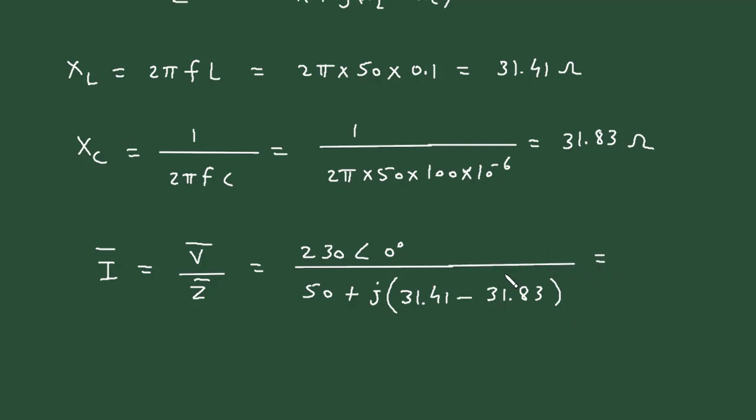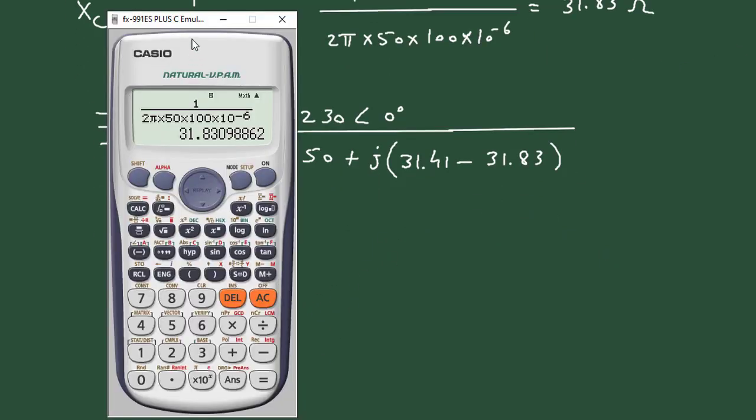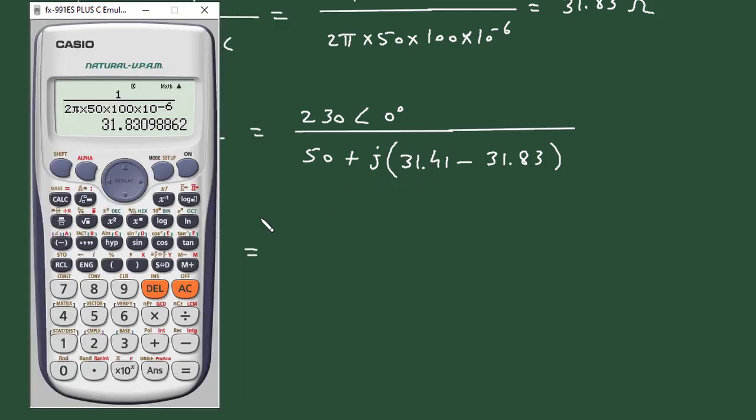Now we can solve this directly in calculator. So we will put the calculator in complex mode. It will be 230 divided by 50 plus i into 31.41 minus 31.83.